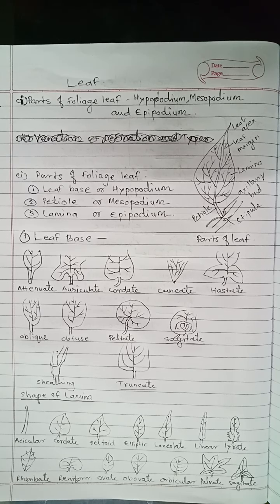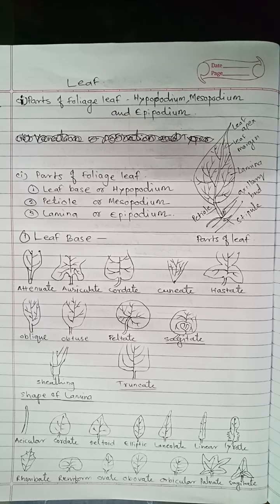A leaf lamina shows variations in different aspects like shape, margin, apex, base, surface, texture and venation.